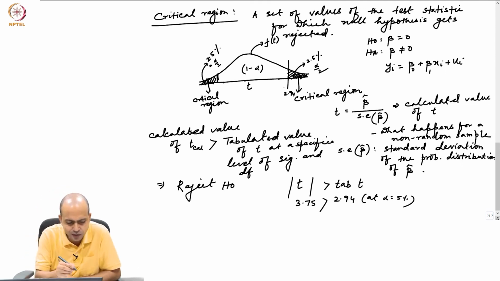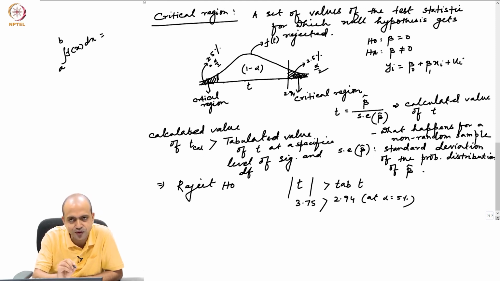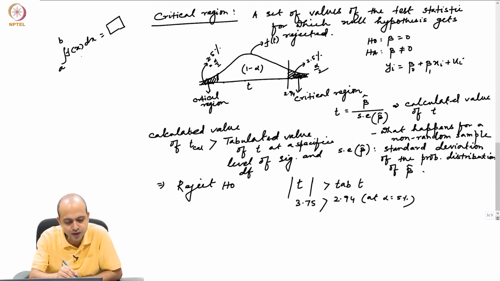If you recall, in a definite integral, generally we get two limits and then the function f(x) dx, and we get a specific value. If you know f(x) and you know a and b, you will get a value.